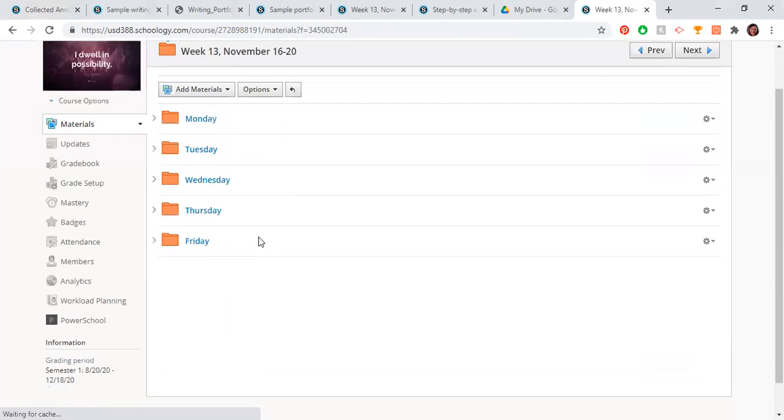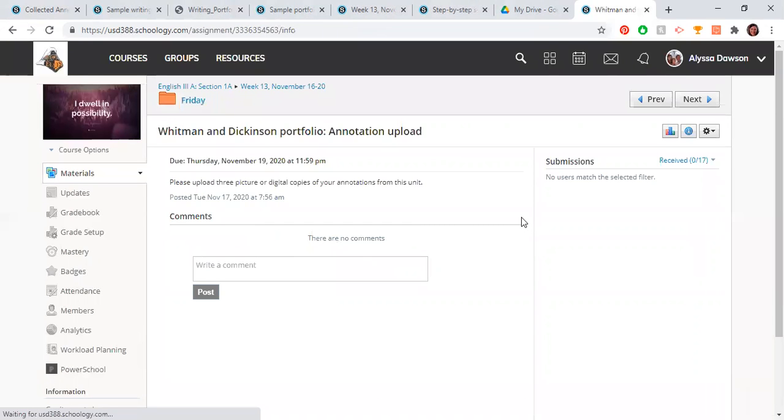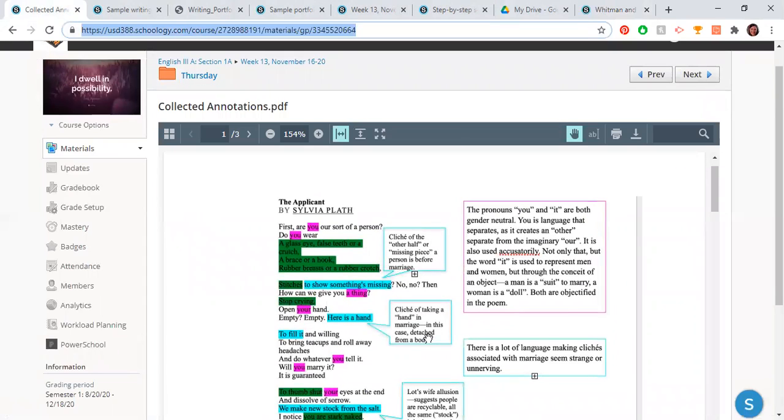So put them together in either one document, or if you don't want to do that, you can upload 3 documents. And so on Friday, it says there's a Whitman and Dickinson portfolio annotation upload. Click it and it'll let you put your 3 submissions in there. Okay, so you'll upload 3 things to that, and those will be like your collected annotations.